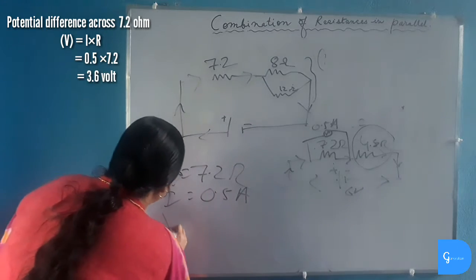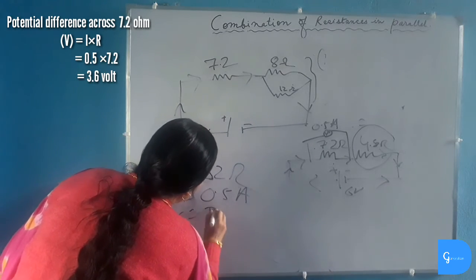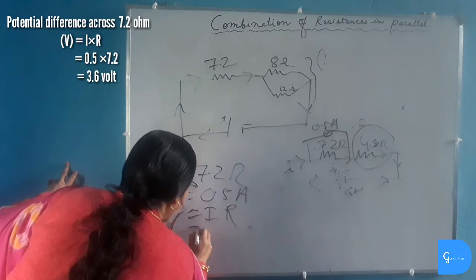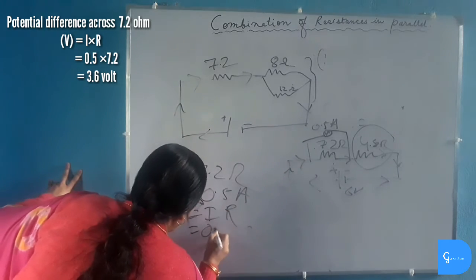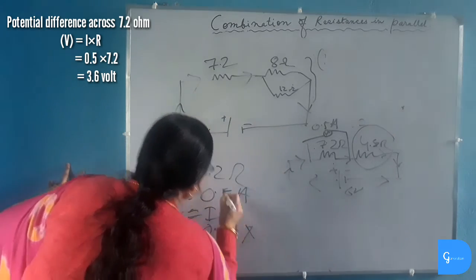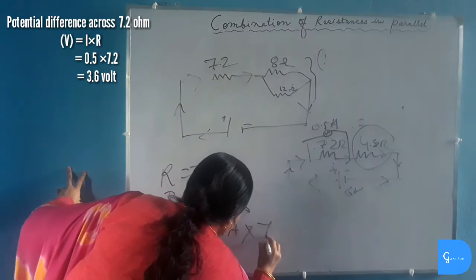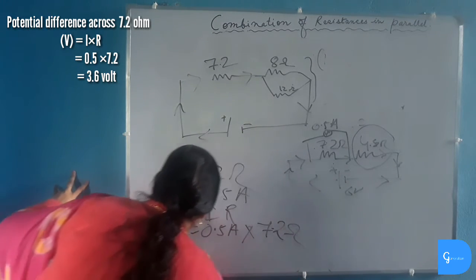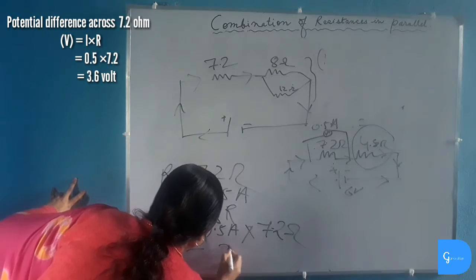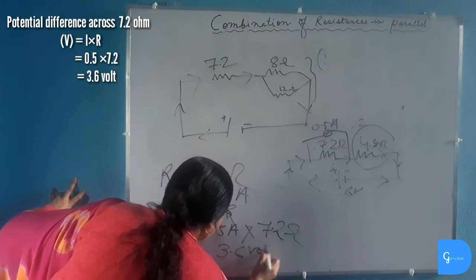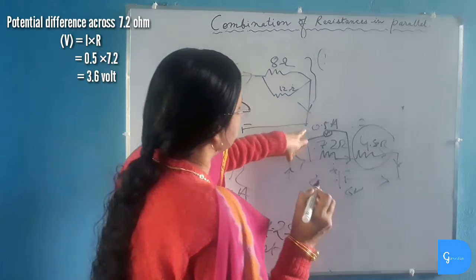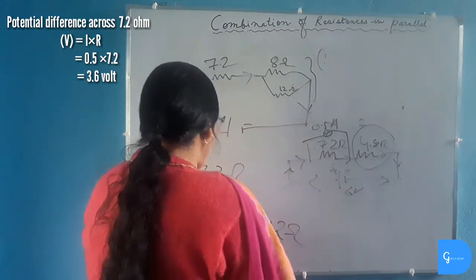So potential difference V will be IR. That is I equal to 0.5 ampere into R given 7.2 ohm. Thus V will be 3.6 volt. So the potential difference across 7.2 ohm will be 3.6 volt.